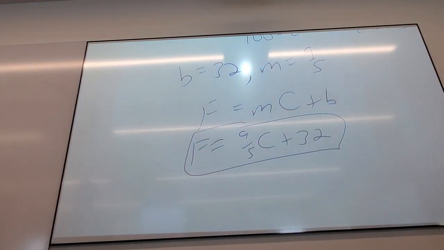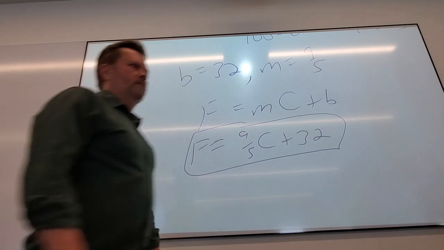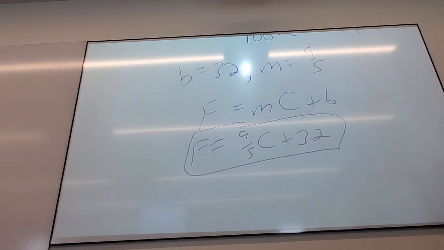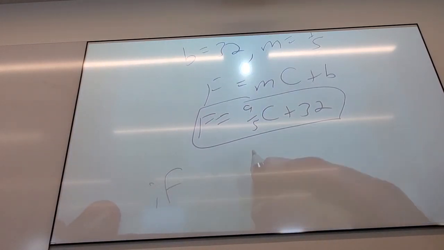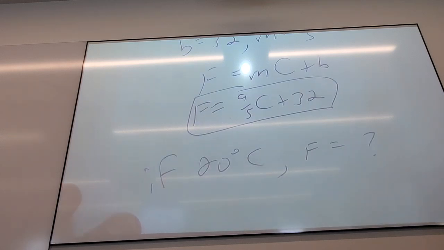So if it's 20 degrees Celsius right now in Canada, what would we special Americans call it? Can you figure that out? How'd you get there?